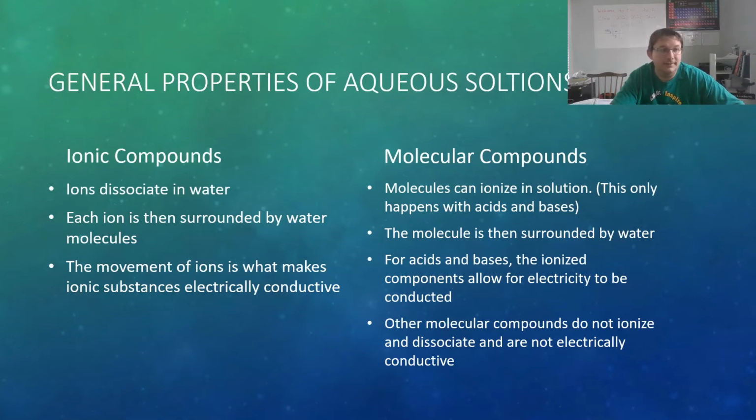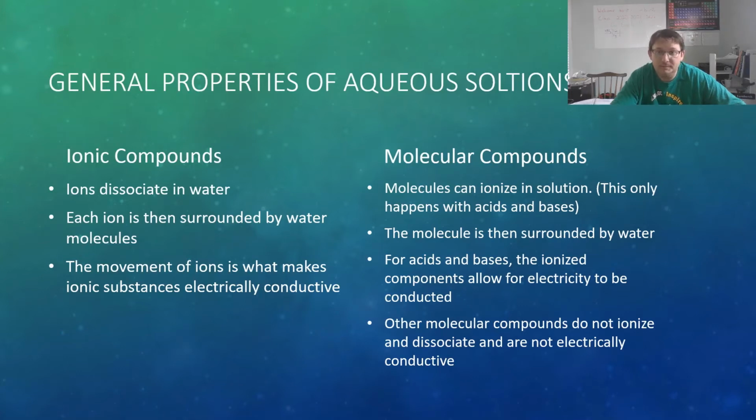In order for something to conduct electricity, it has to move along some sort of charged particle. Typically with electricity, it moves through a movement of electrons, but it can move through ions as well. And so that's what makes salt waters electrically conductive.